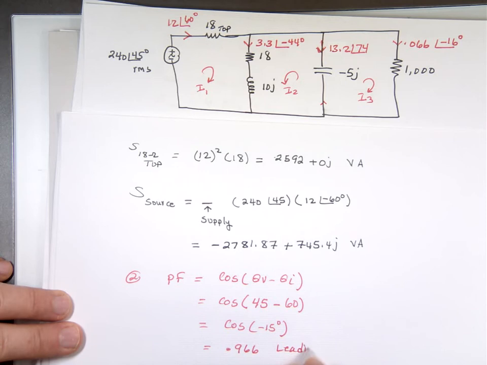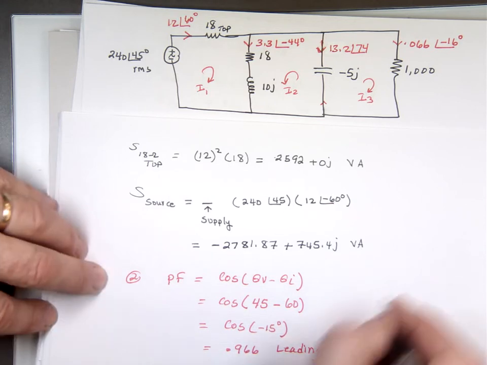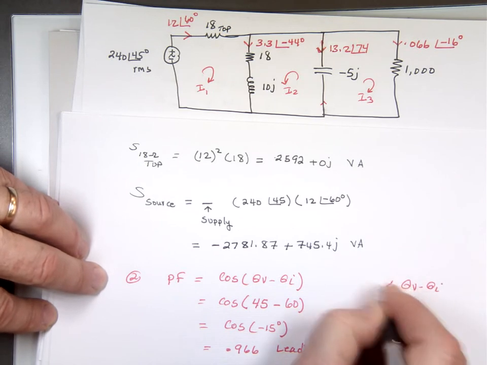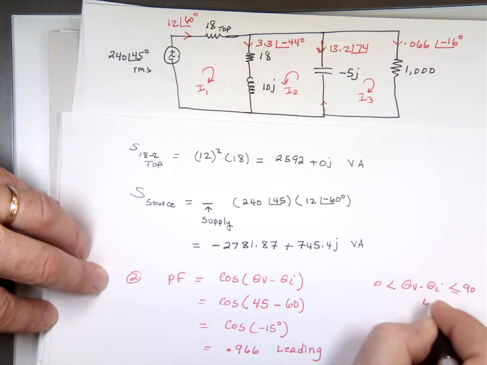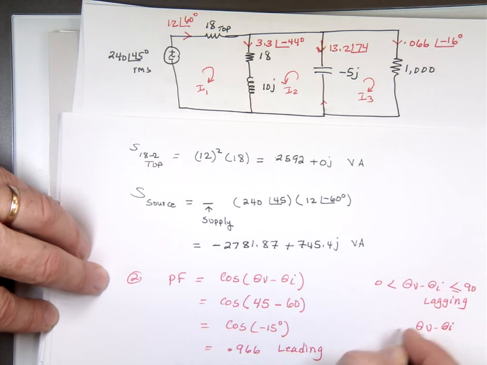If theta V minus theta I is bigger than 0, it's lagging. If theta V minus theta I is a negative value, like from negative 90 to 0, that's leading.